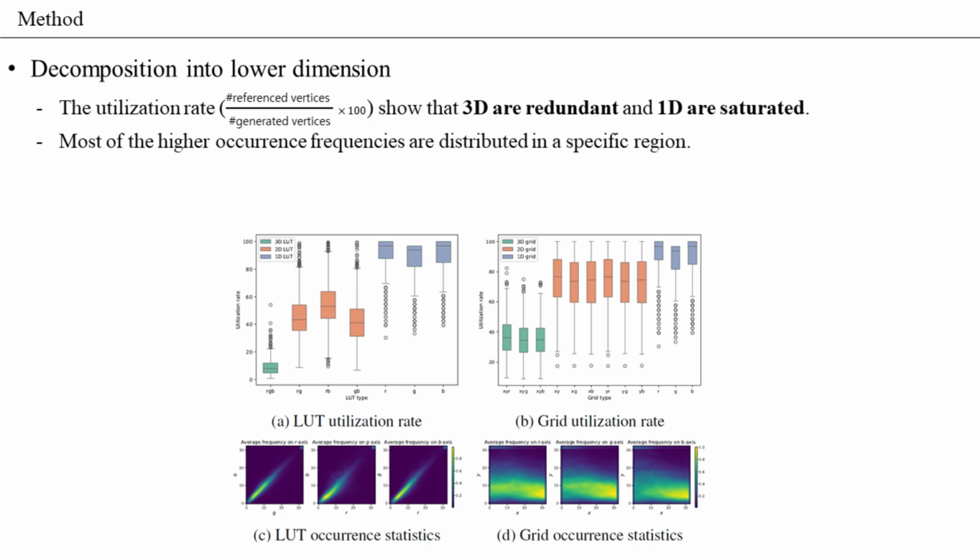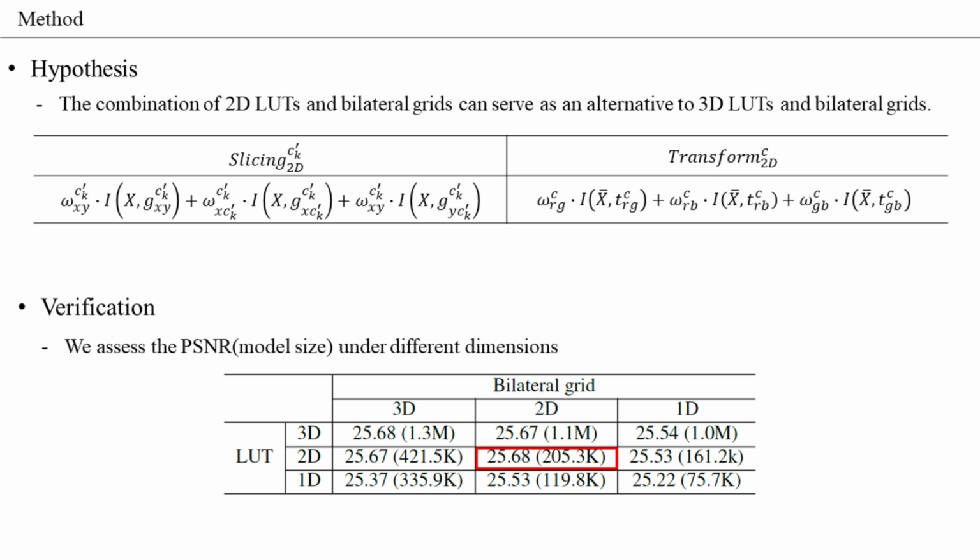First of all, we analyze the utilization rate and occurrence frequency of the LUT and bilateral grid. As can be seen in the results, utilization rates show that 3 dimensions is redundant and 1 dimension is saturated. Most of the higher occurrence frequencies are distributed in a specific region. So we formulate a hypothesis: the combination of 2D LUTs and bilateral grids can serve as an alternative to 3D LUTs and bilateral grids.